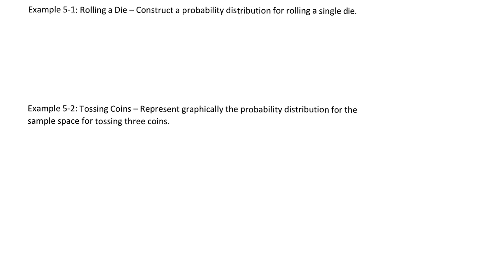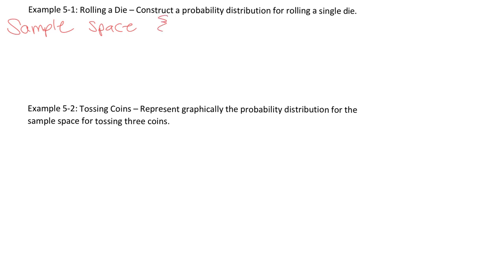So for this rolling the dice example, we're going to construct a probability distribution for rolling a single die. The first thing we'll do is our sample space. Like I said, this work is usually already done for you, but we want you to know how it's derived, so when you're looking at the table they give you, you're not wondering where these numbers are coming from.